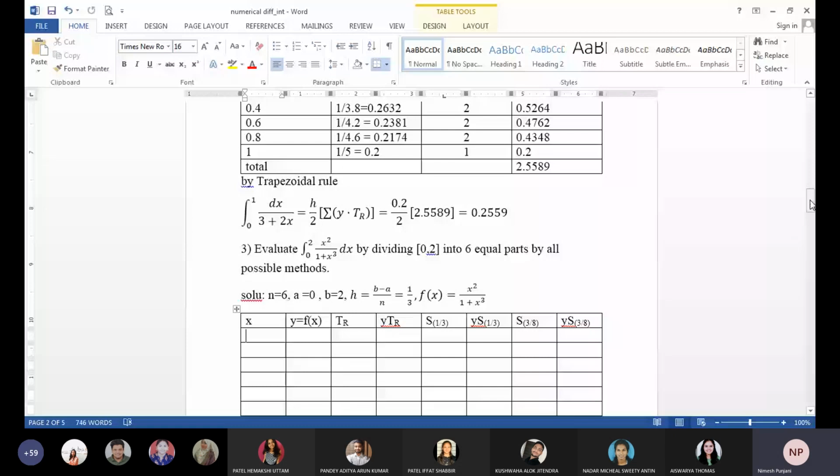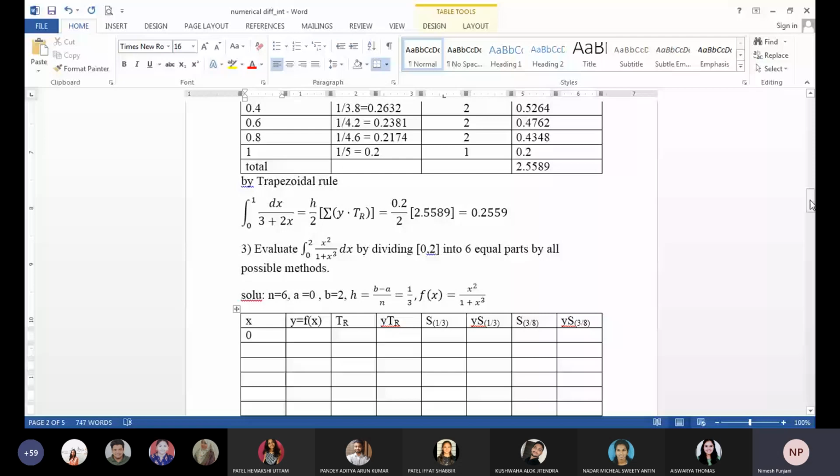So here all three methods are applicable. Is this part clear? Yes, sir. Why? Because n is even and it is also a multiple of 3, so all three methods are applicable.